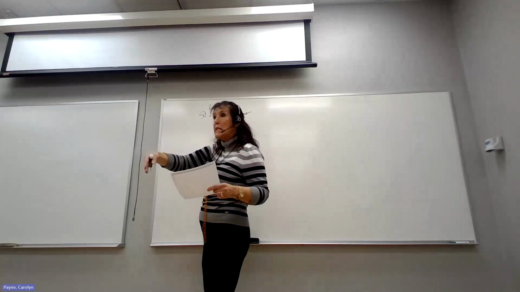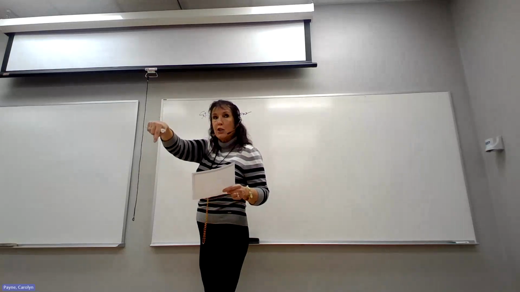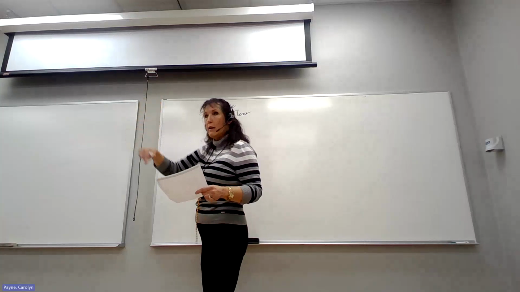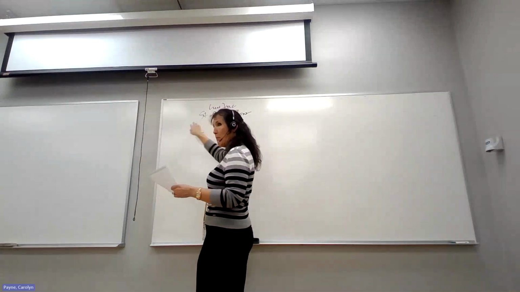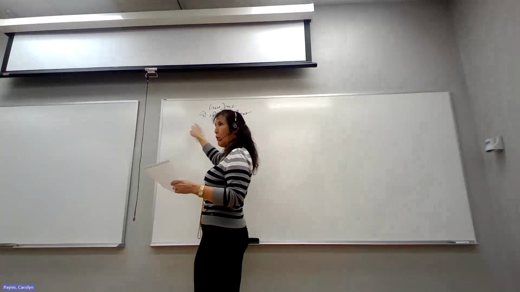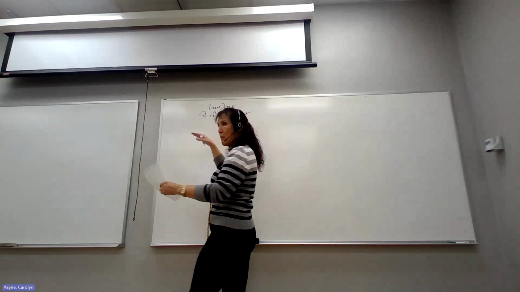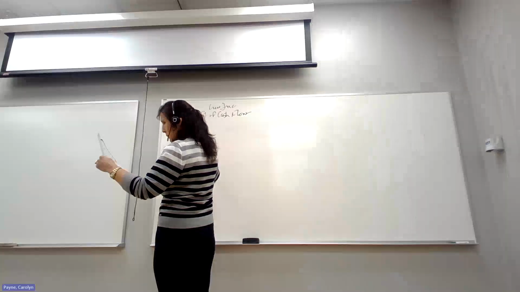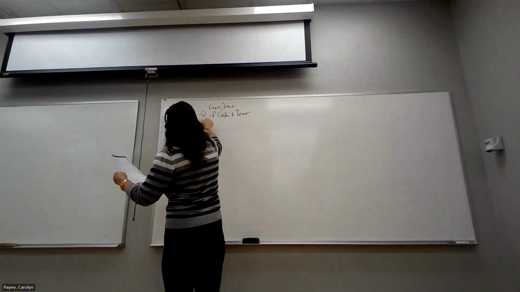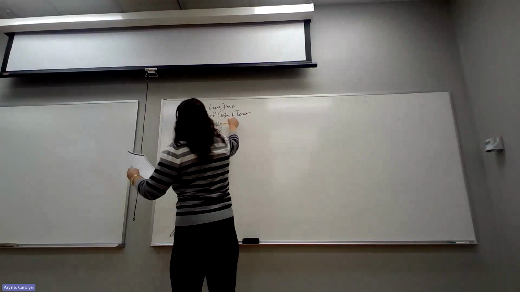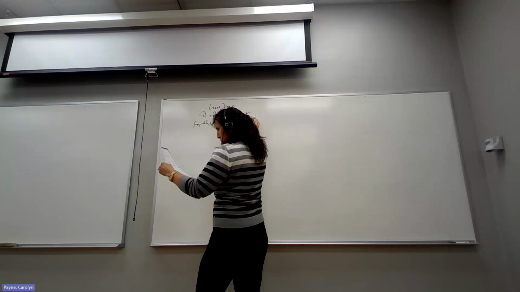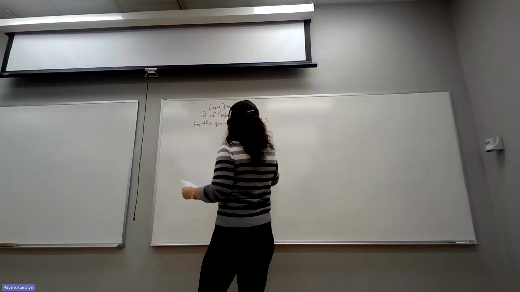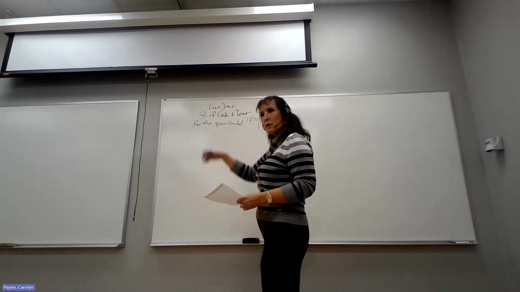But on the balance sheet, we want to know how many assets we own on one day. How much do we owe on one day? So everything has a period that encompasses the statement, except for the balance sheet. So this is for what period of time? For the year ended 12/31/Y3.